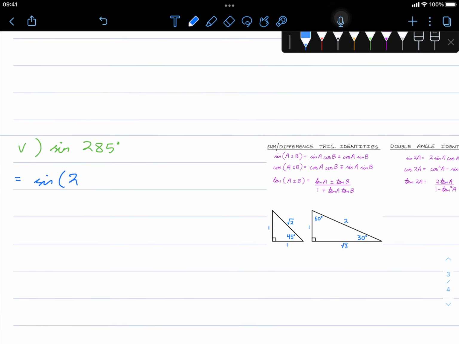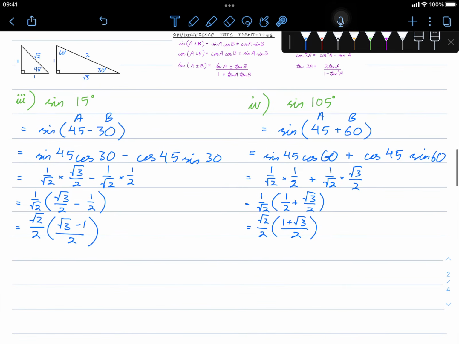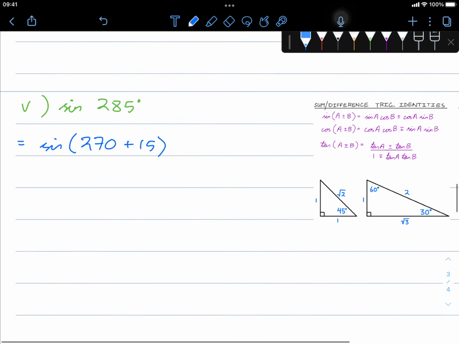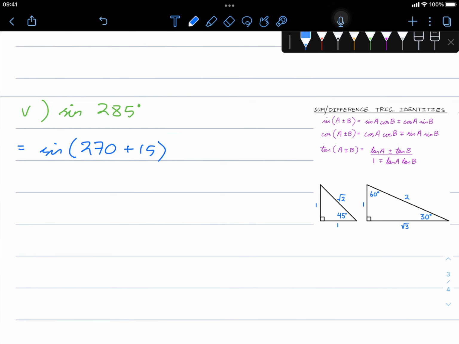Sine of 270 plus 15, because 270 plus 15 is 285. Now you might be thinking we don't have an expression for sine 15, but we've already just found it here. So we're going to use previous answers to solve harder ones here.